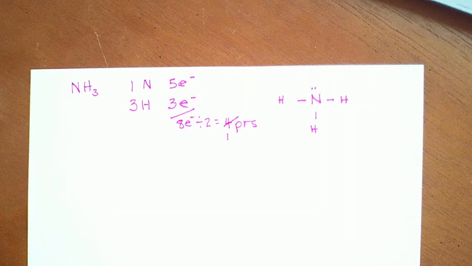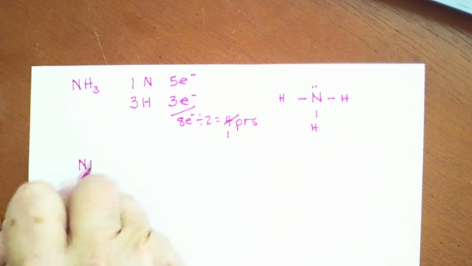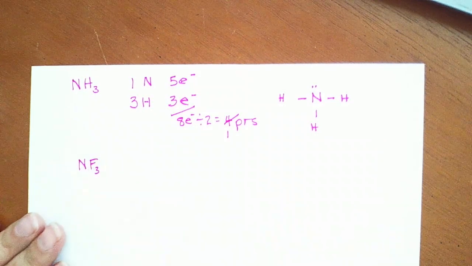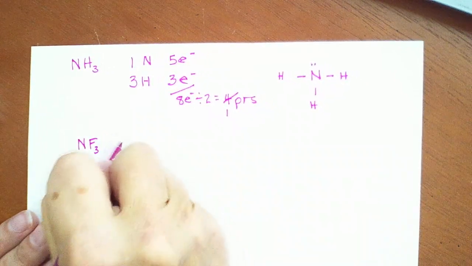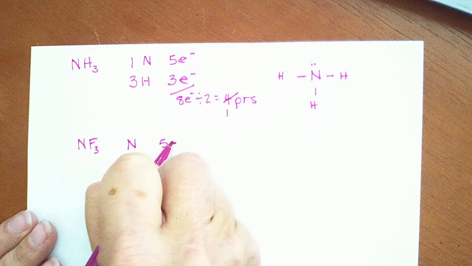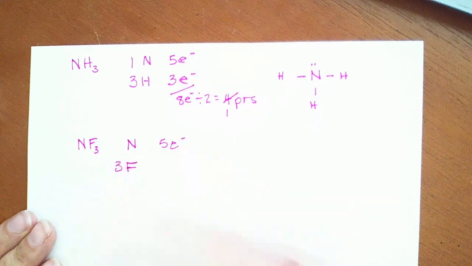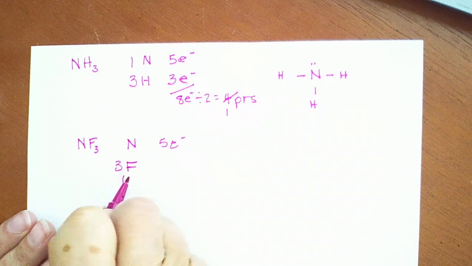Okay, next, let's look at nitrogen trifluoride. So here we go. I have nitrogen, which has 5, and I have 3 fluorines, and each one of these has 7.